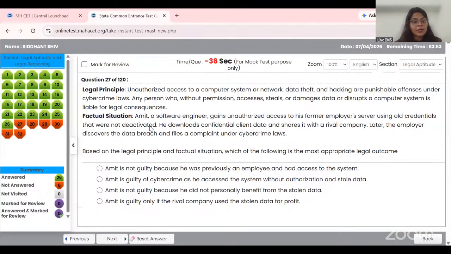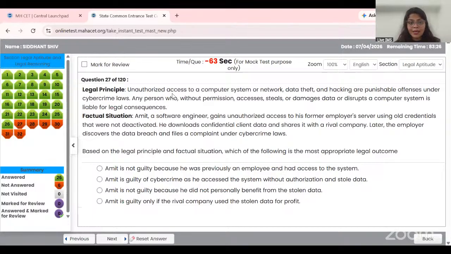This is mentioned here. Now let us look at the factual situation, which is stating that Amit, a software engineer, gains unauthorized access to his former employer's server using old credentials that were not deactivated. So a person has left the job and this person is gaining unauthorized access. Of course, the credentials were not deactivated, so he had those credentials, but this access was unauthorized.